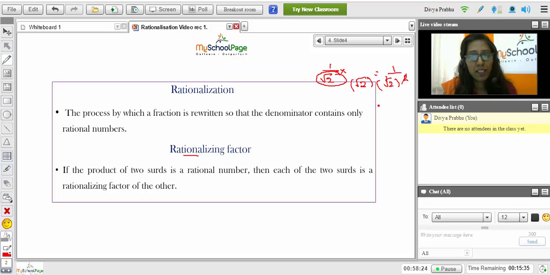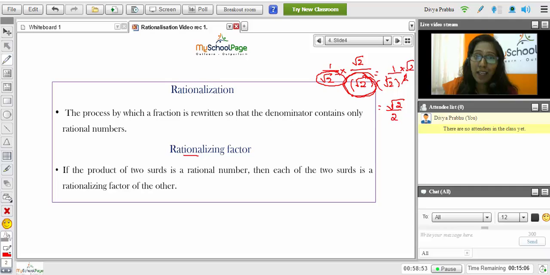The square and the square root get cancelled and I get 2 as the answer. To introduce this, I need to multiply the numerator as well as the denominator by root 2. Therefore, I get root 2 by 2. The number which we multiplied is very important, and that is called the rationalizing factor. When we are working out problems on this, we need to work it out stepwise.